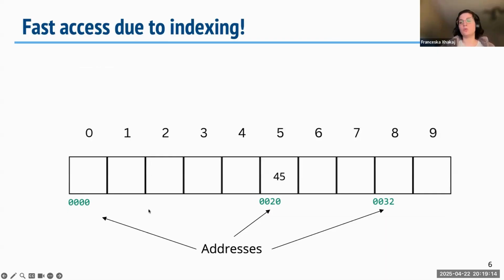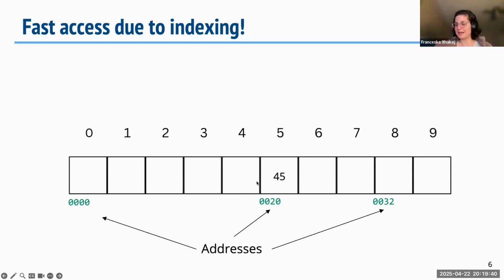Each of the slots here will store an element, and let's say that it has a specific size in terms of bytes. Let's say it's 4 bytes, right? So if I start at 0000, this is going to be at 0004. This is going to be at 0008. This is going to be at 0012. This is going to be at 0016, and this is going to be at 0020. Right? So by knowing the size of each individual slot, right?